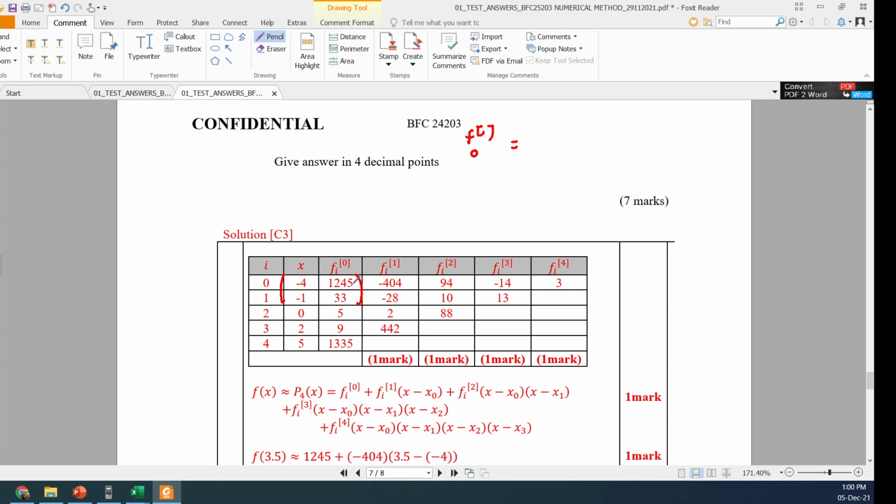The formula is: to get this value, take the previous column, next row, deduct the previous column, same row. This is F level 1 minus F level 0, divided by x1 minus x0, which is (33 minus 1245) divided by (-1 minus -4).